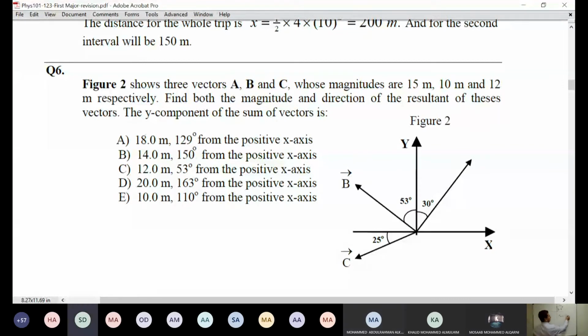Sine 30 degrees. And similarly, when I go for the y, it will be 15 cosine 30. Okay, that's one thing. And also we know that the Ax and Ay are both pointing in the positive x and the positive y, therefore we are not considering any negative signs here.